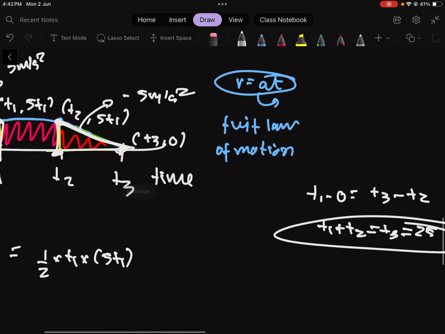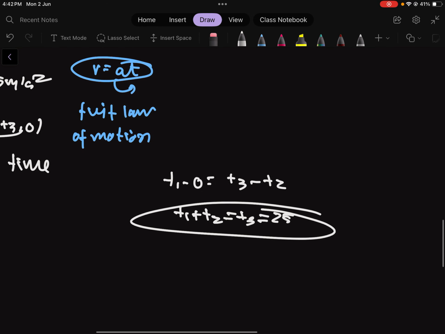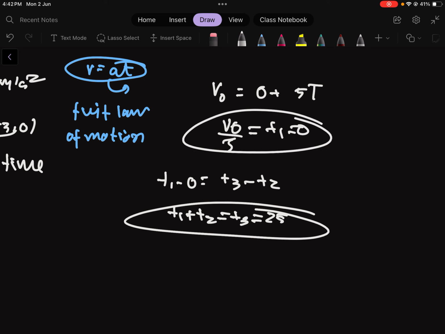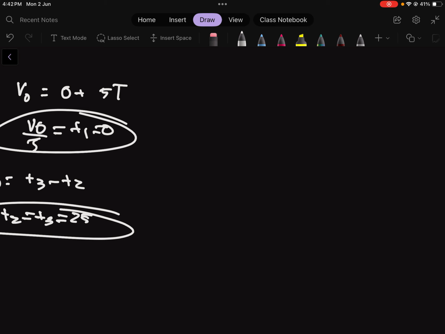Now, why do I say so? Because let's assume that this constant velocity is v0. For the 0 to t1 interval, v0 is equal to 0 plus 5 times t, where t is the period of motion. So v0 by 5 is nothing but t1 minus 0, right? And for the t2 to t3 interval, again the slope is constant and it's decelerating with a constant deceleration.